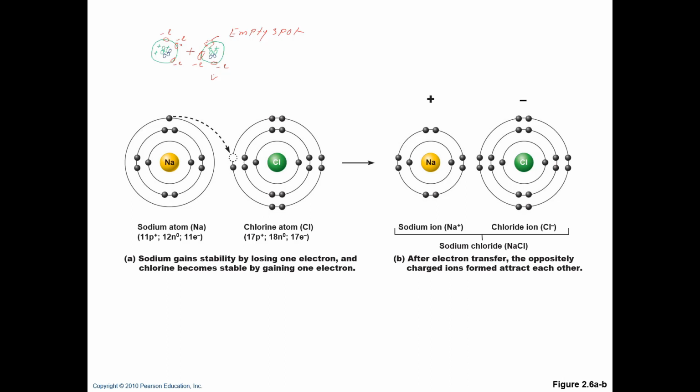One electron may jump out from this atom and can join here, get attached here. So that can happen. So now what has happened is, see here, this atom has lost 1 electron, right? So now on the shell you have 2 electrons. However, in the nucleus you have 3 protons. So the number of protons is more than the number of electrons, because this one has lost 1 electron.